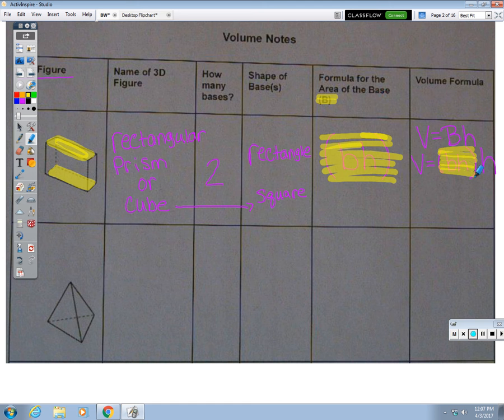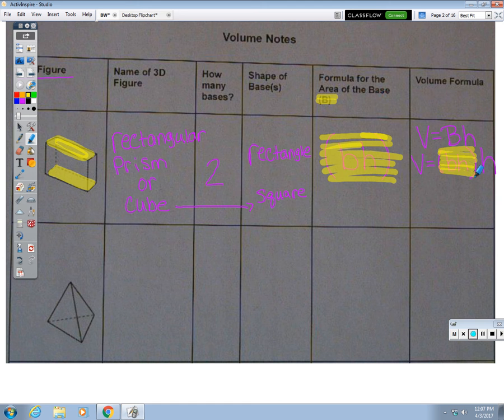So I'm finding the area of a rectangle. That big B is going to become the area of that rectangle. This looks really confusing, and that's fine. After tomorrow, it'll make more sense, okay? Today I really just want us to look at the different pieces and where things are coming from.